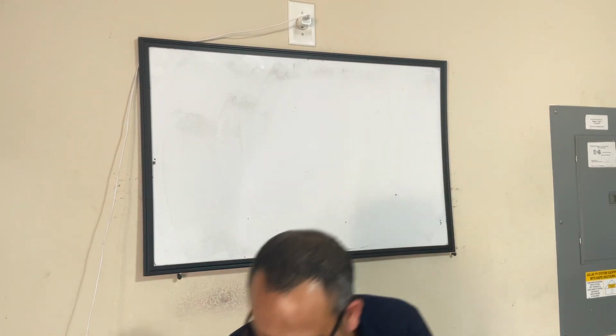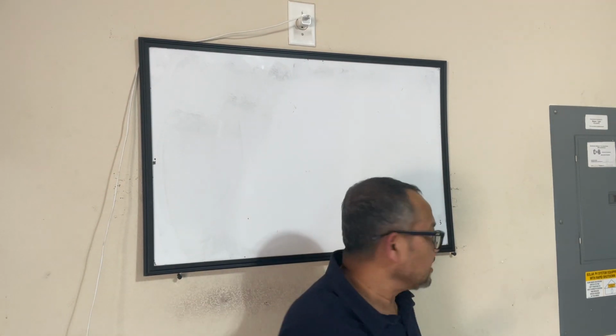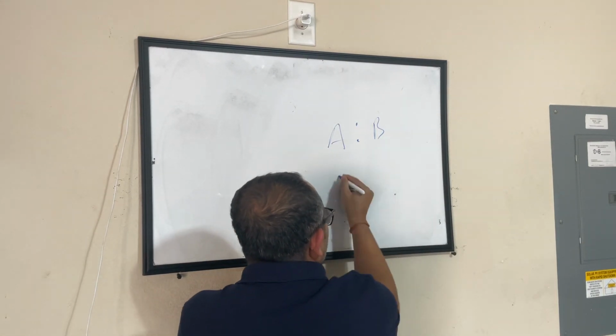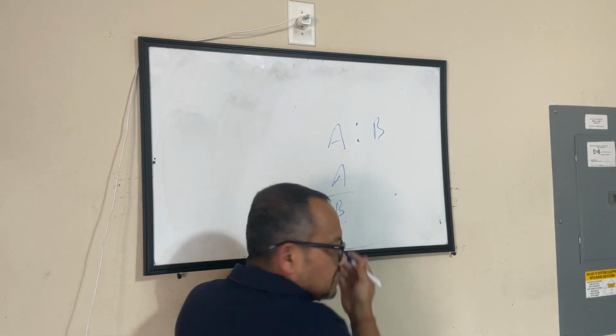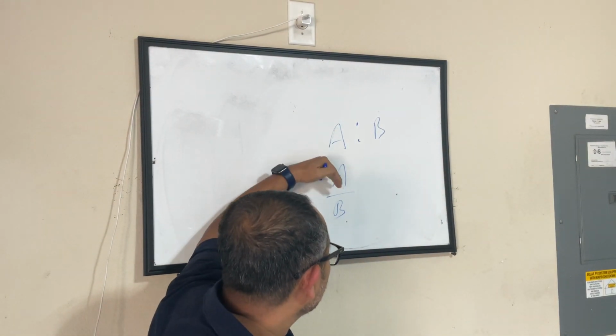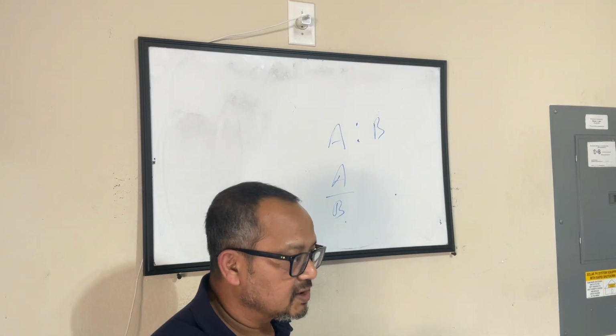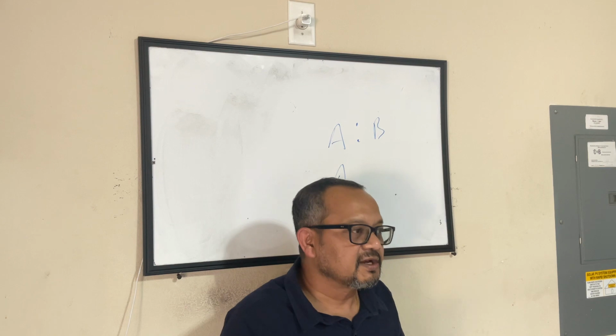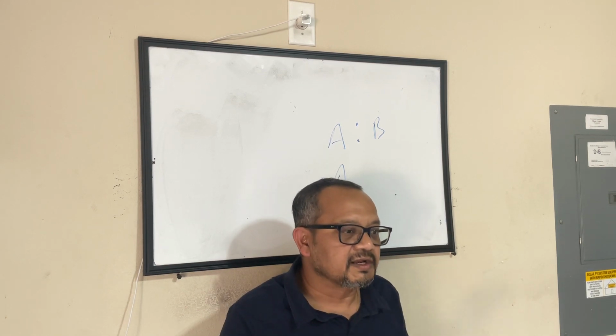So first of all, when you talk about ratios, rates and proportions, what exactly comes to our mind? Ratio: A to B, A is to B, or A by B. This is one representation of ratio, when you're comparing one number against the other number. Be it ratio, rate, or percentage, everything is a relative term.